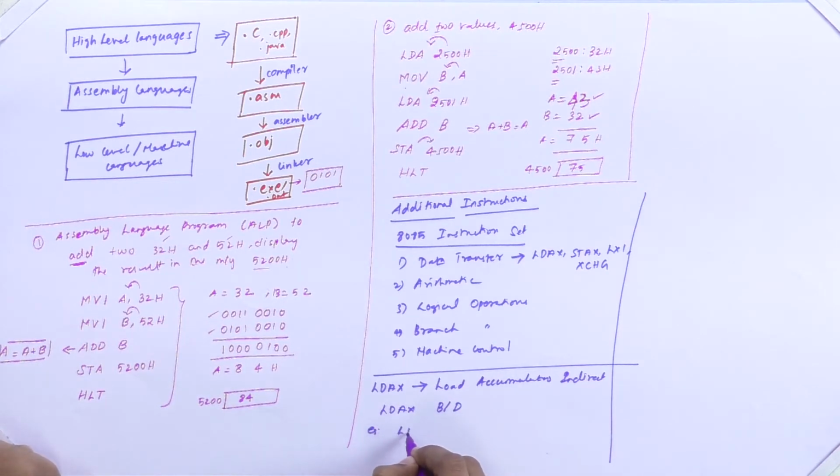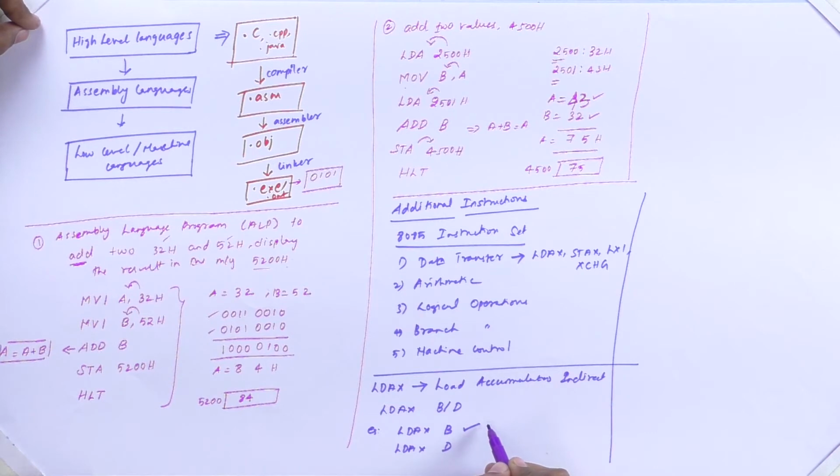Example is LDAX B, LDAX D. If you execute this instruction, then the content of B and C register will act as a memory location and the data value present in that B-C register pair will be copied to accumulator.